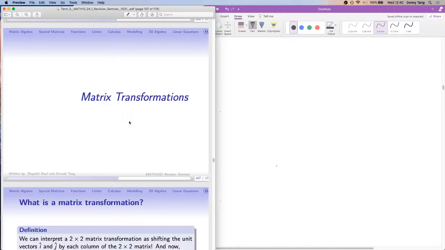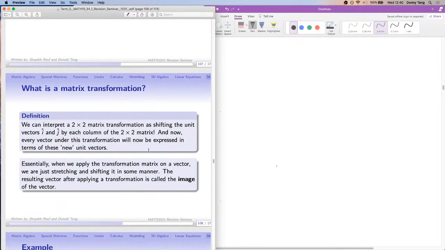All right. So matrix transformations. What is a matrix transformation? We can interpret a 2x2 matrix transformation as shifting the unit vectors i and j by each column of the 2x2 matrix. Every vector under this new transformation will now be expressed in terms of these new unit vectors.